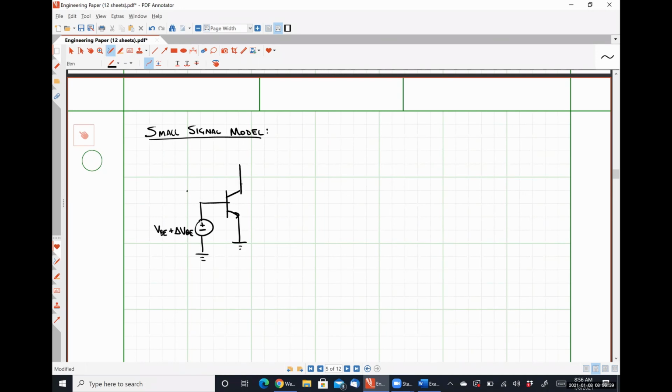And we're going to measure the effects on our bias current, which should generally be IB plus delta IB. Change in our collector current is going to be IC plus delta IC.